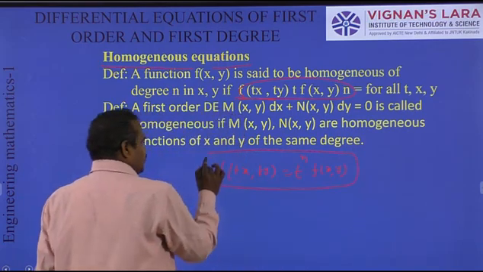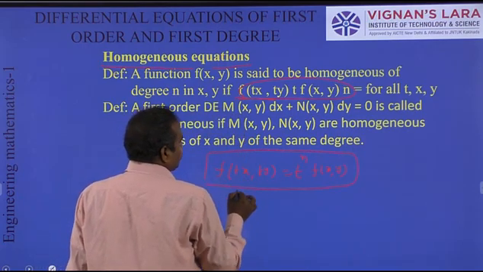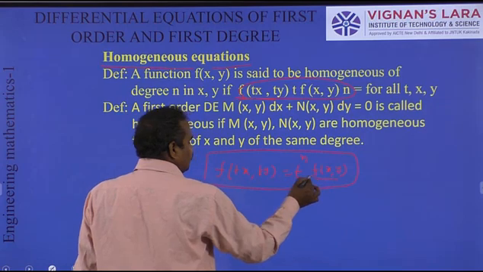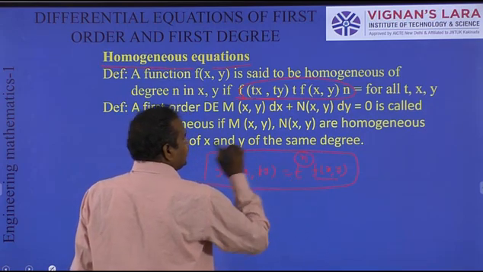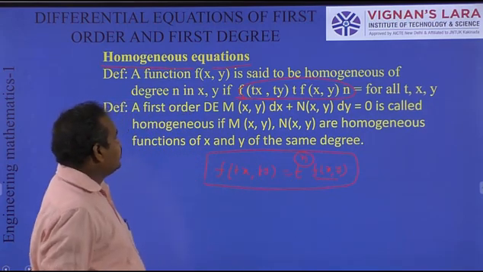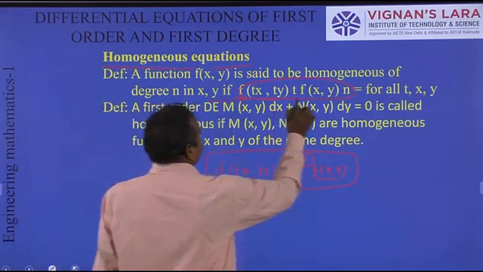Then this function, whatever function f of x comma y exists, is said to be an nth degree homogeneous function. So this is one of the definitions.